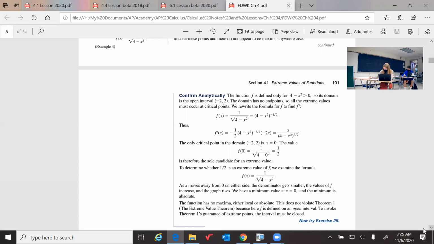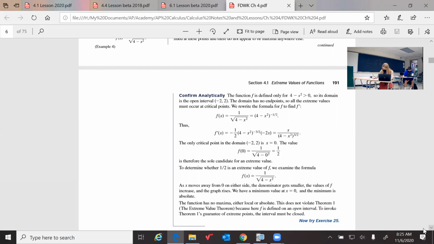Power rule, the derivative will be negative 1/2 u to the negative 3/2 times du, the derivative of what's inside the parentheses, which would be a negative 2x. 0 subtract 2x. The negatives would reduce, the 2's would reduce. You would get x over u to the 3/2 power.